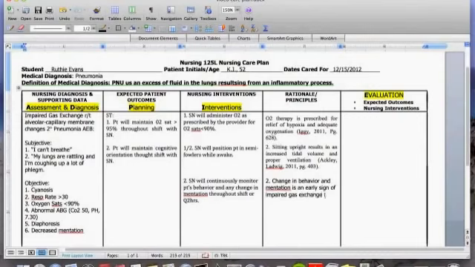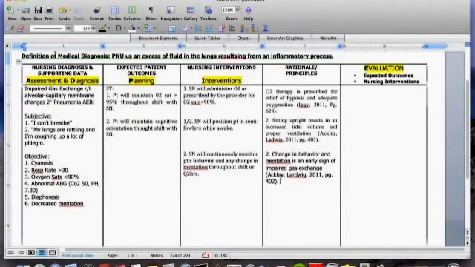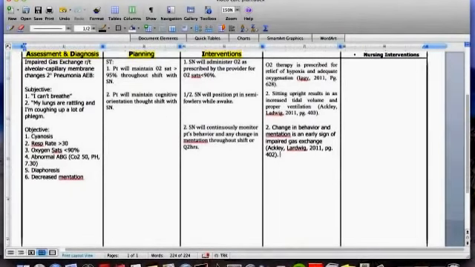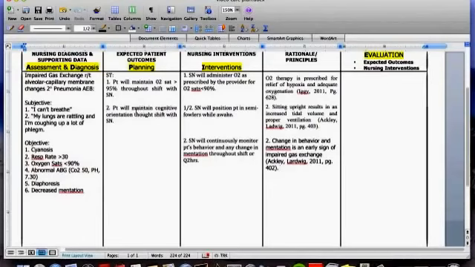So that's why it's so important to be checking that. Ackley, Ladwig, 2011 page, I forget, we'll say 403, 402. So, you kind of get the idea here where you gotta put in your outcome, back it up with an intervention, back that up with a rationale.